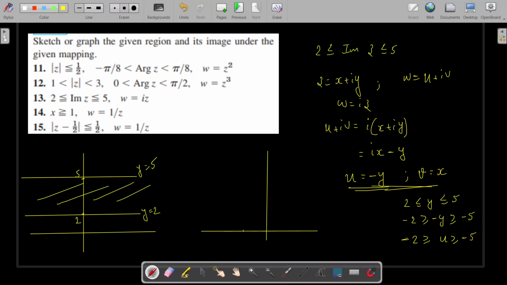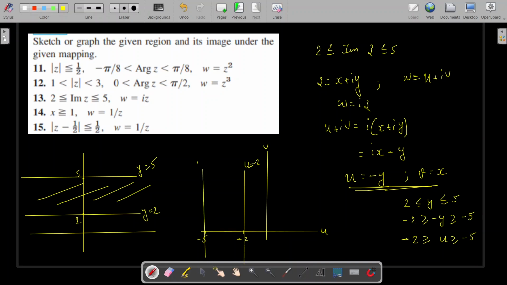So let us draw this minus 2 and minus 5. This is the u axis and this is the v axis. So this is the point minus 2 and this is the point minus 5. U equal to minus 2 means that you have a perpendicular line here. This is the line u equal to minus 2. And we can draw another line u equal to minus 5.